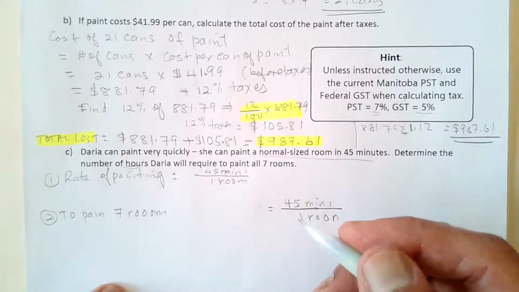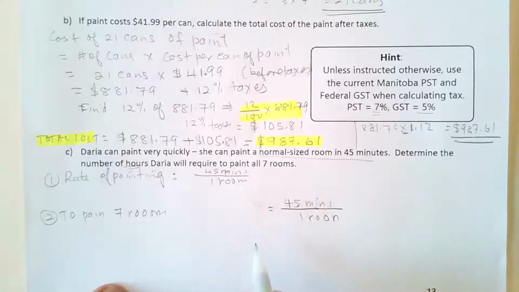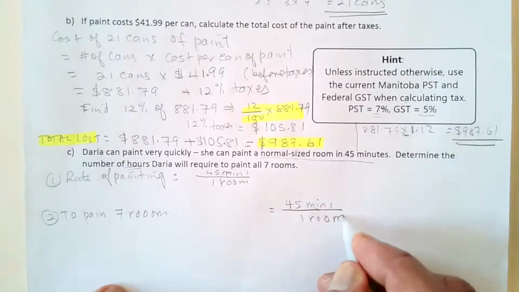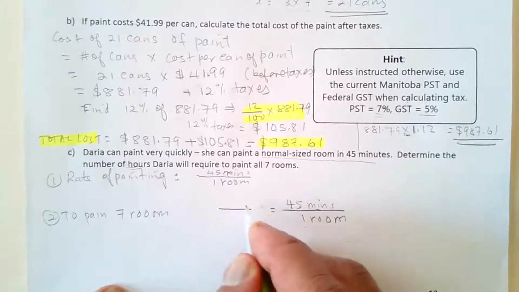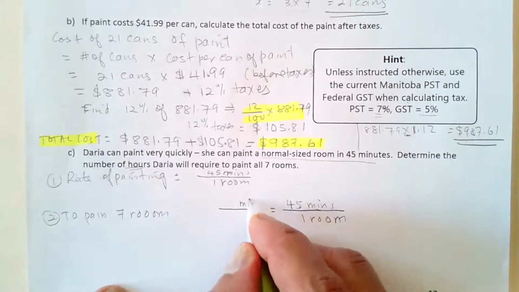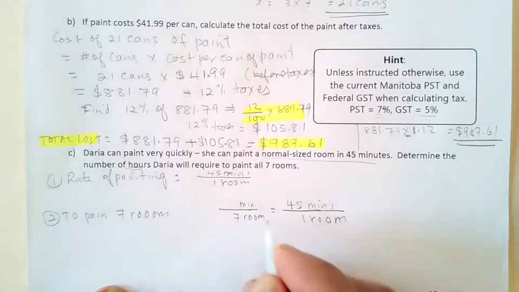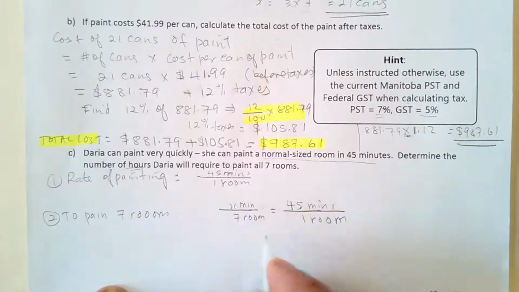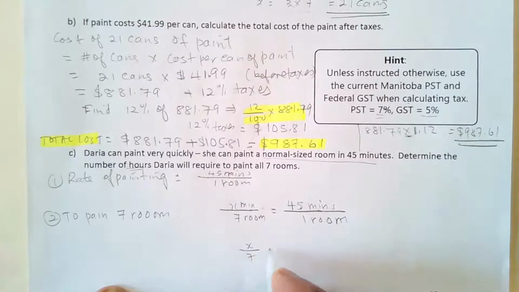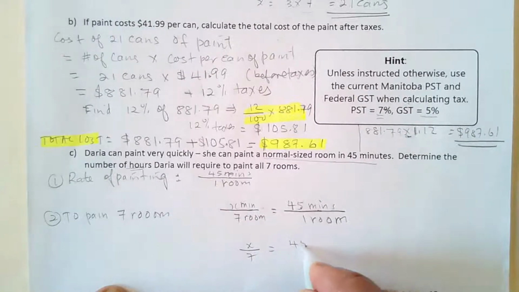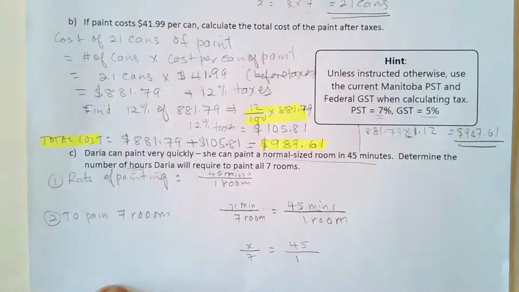Is equal to 7 rooms. Okay. So now how long will it take her in minutes here to paint 7 rooms? You have x over 7, 45 over 1.